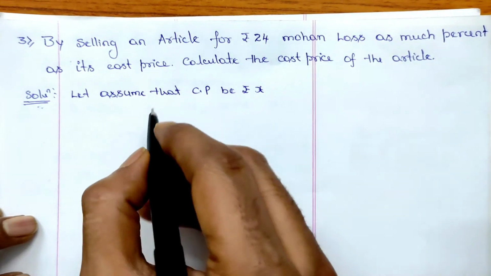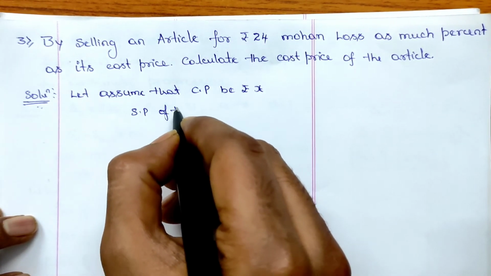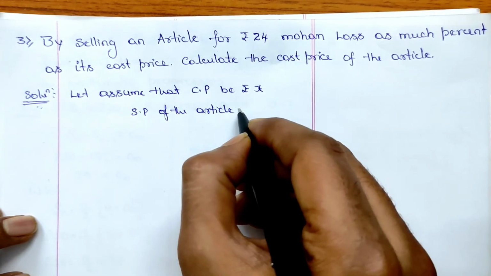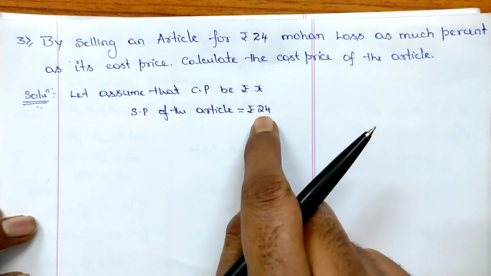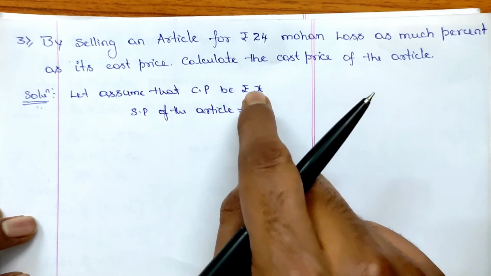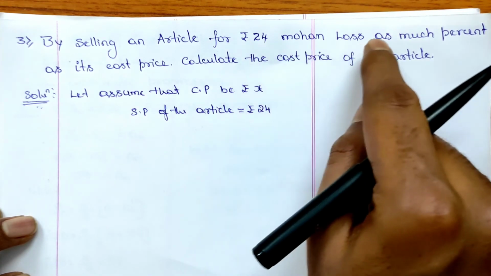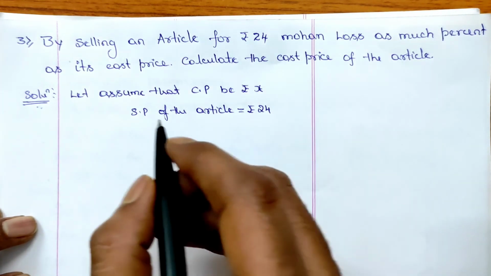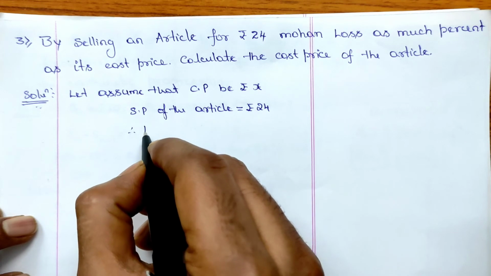We know the selling price. SP of the article is equal to ₹24. By buying the article for X rupees and selling it for ₹24, a loss is incurred. So therefore let's find out the loss incurred.